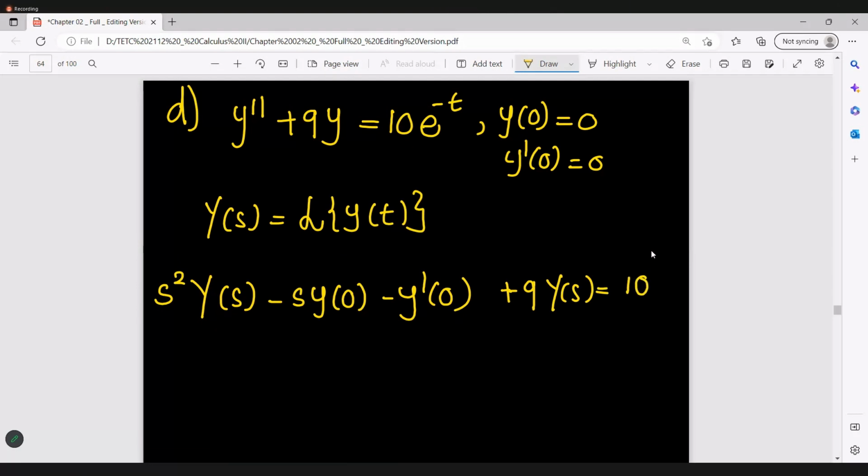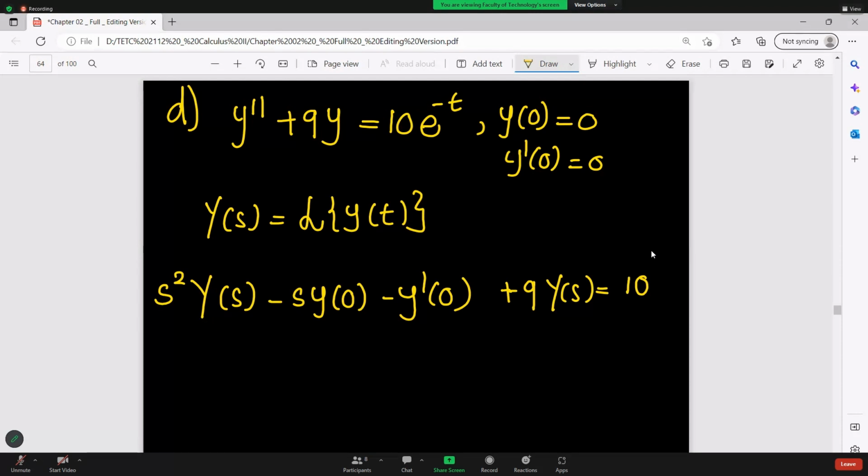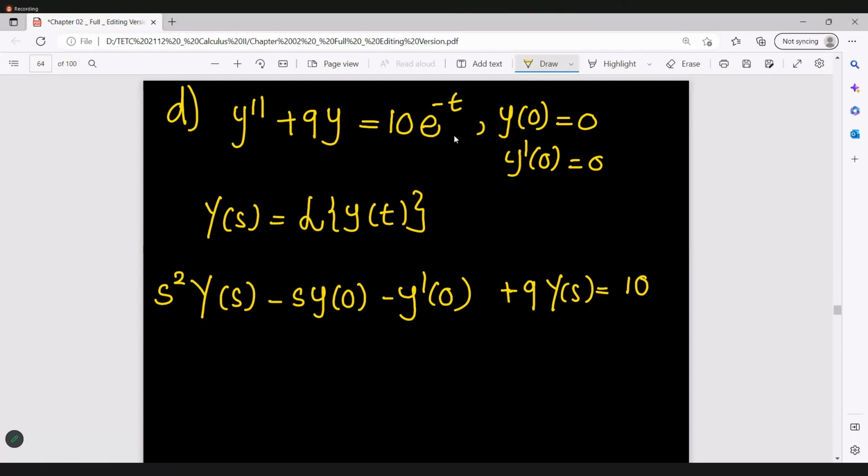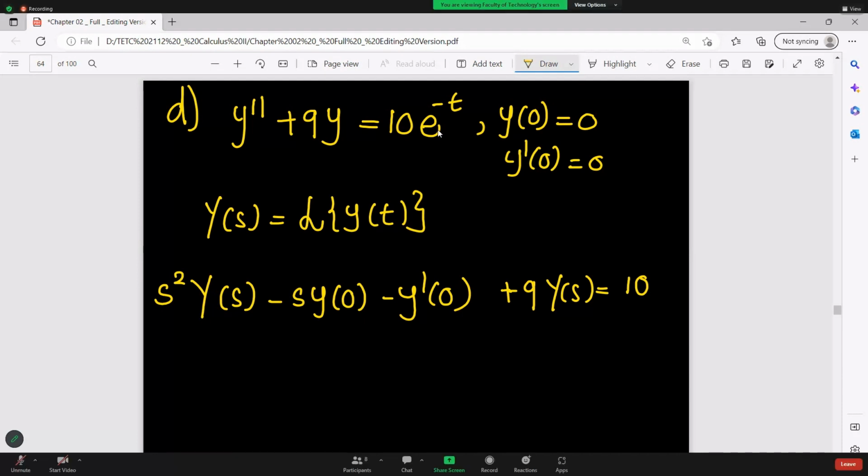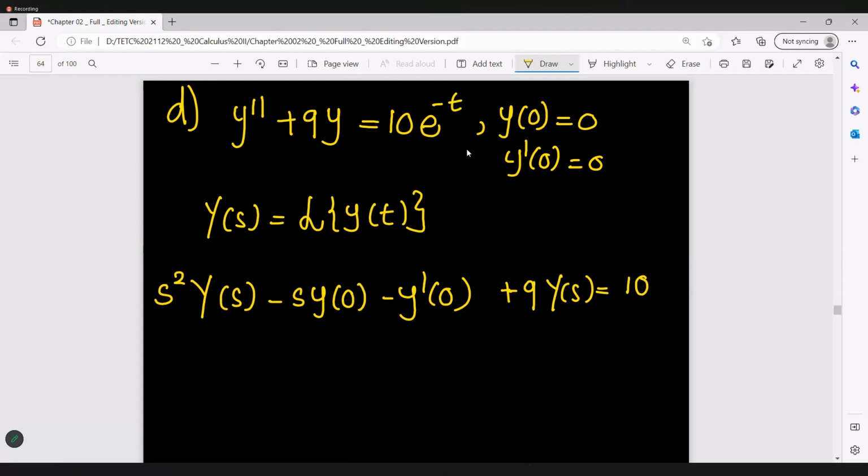What is the Laplace transform of e to the power minus t? If it is e to the power at, then it is 1 over s minus a. So if it is e to the power minus t, then what should be the answer? Since it is e to the power minus t, it should be 1 over s plus 1.